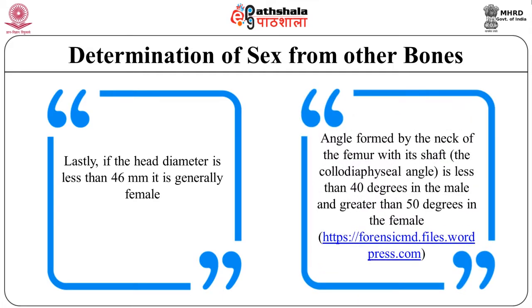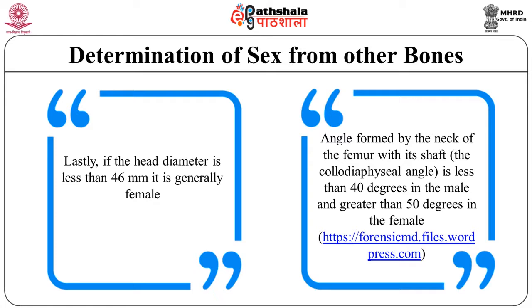The angle made by the neck of the femur with the shaft, called the collodiaphyseal angle, is less than 40 degrees in male and greater than 50 degrees in female. Now we come to the demography in prehistoric population. Before we go to that, we can also determine the height from the long bones.